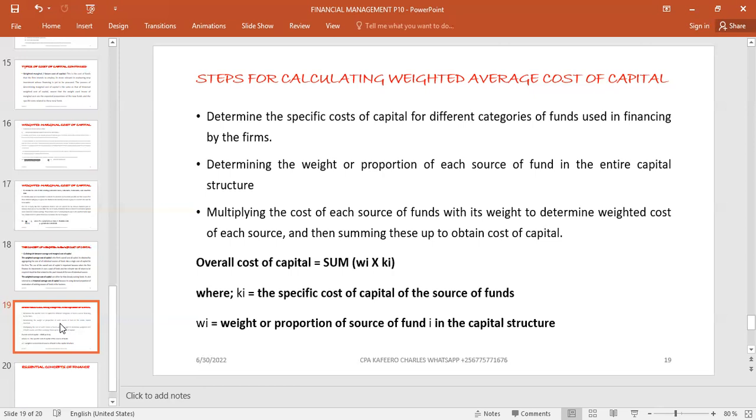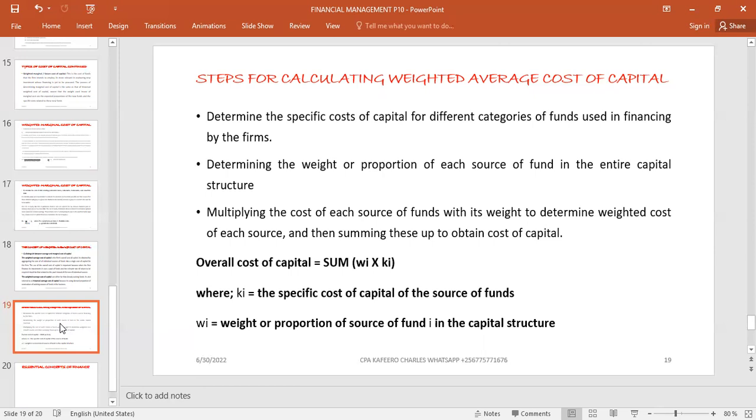The first step is to determine the specific cost of capital. You cannot just get it from a cumulative figure. Let's say the capital structure was 100 million, with 20 million from debt, 30 million from retained earnings, 20 million from bonds, and 2 million from owners.